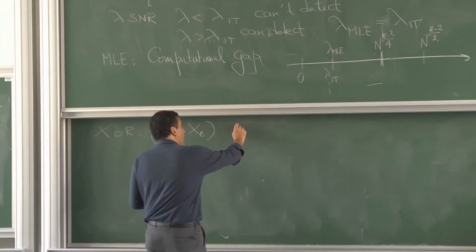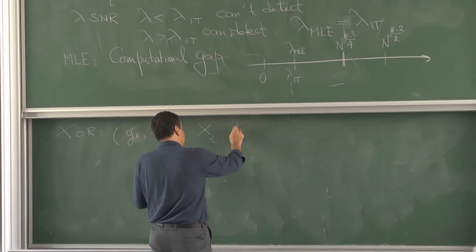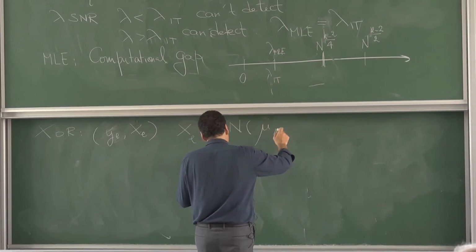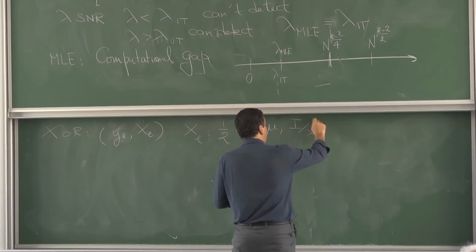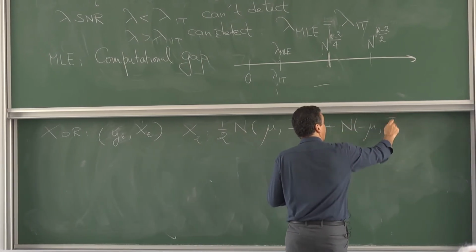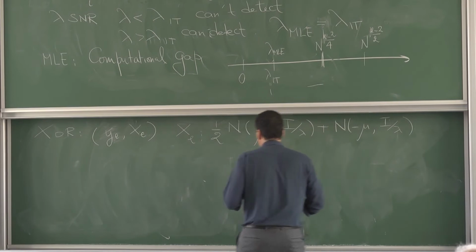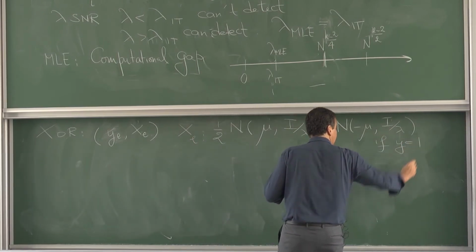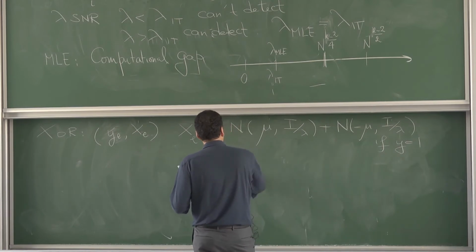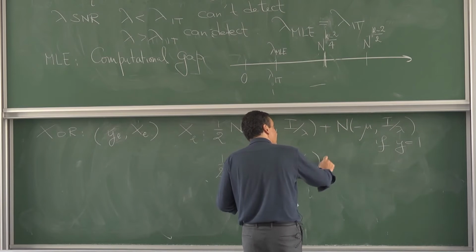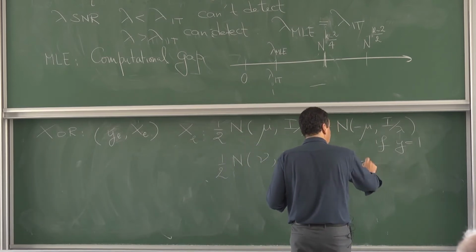And the x_l are now an Xor type thing, which is half of a Gaussian centered at mu, with variance I over lambda, plus another, and that is if y is 1, the first class. And in the second class it's the same thing with a different mean. For the moment we don't complicate things, we fix the covariance.